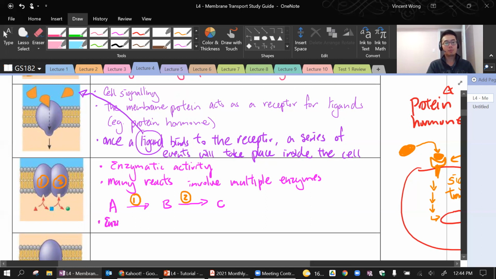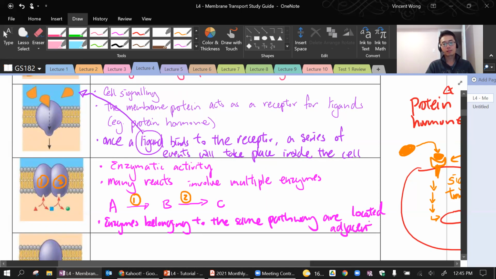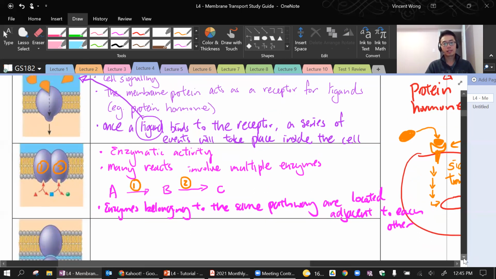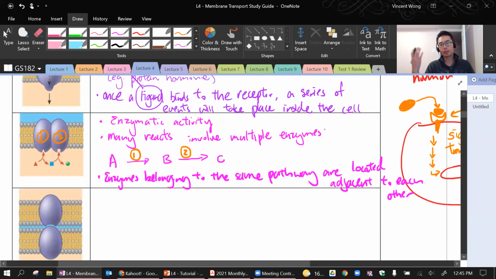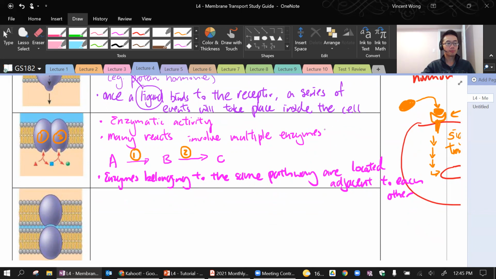Enzymes belonging to the same pathway are located adjacent to each other, next to each other. This increases the rate and the efficiency of the reaction.